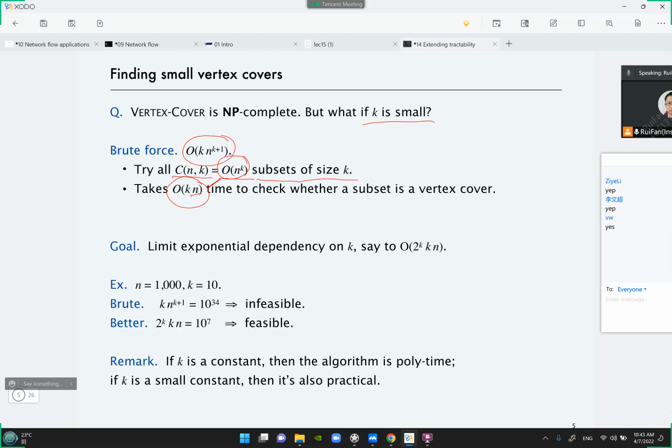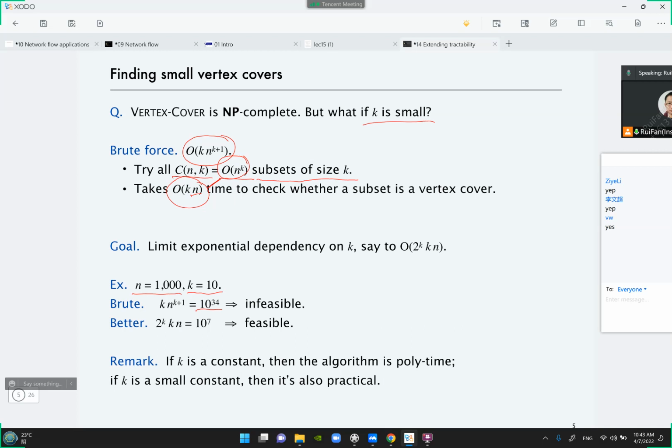Even for reasonably small values of k, this is still not feasible. For example, if you have a graph with 1,000 nodes and you try to cover it with 10 nodes, this brute force algorithm is going to take something like 10 to the 34th power to run, and that's completely infeasible. So the pure brute force approach is not going to work.